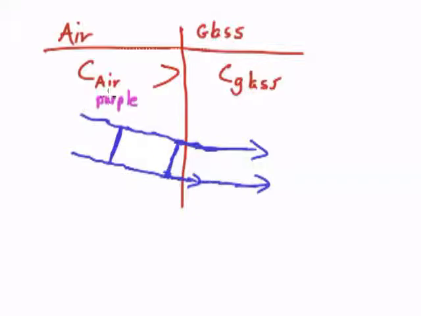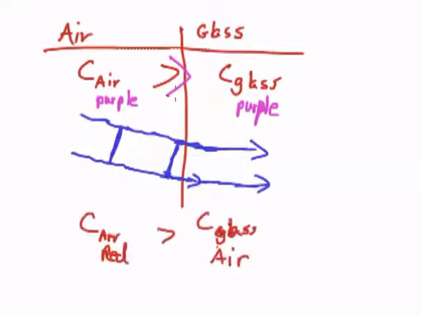For instance, the speed of light for purple light in air will be greater than the speed of light in glass for purple light, but I'm going to put a much greater than sign because it's going to have a greater effect for purple light than it does for red light. For red light, it's only a little bit more, and so it will end up turning the purple light more than it turns the red light, and you'll end up getting a rainbow effect.